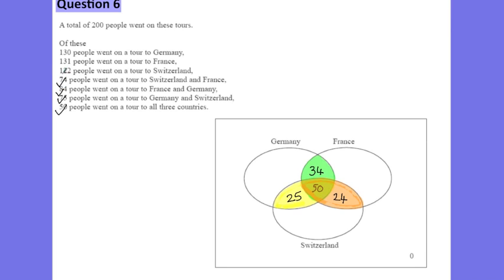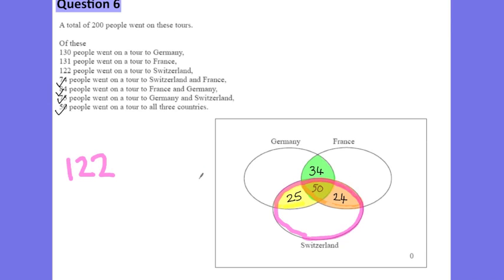We are then told that 122 people went on tour to Switzerland. If we look here at Switzerland, everyone in the Switzerland circle must add up to 122. Let's take a look at how many people we've got in here already.